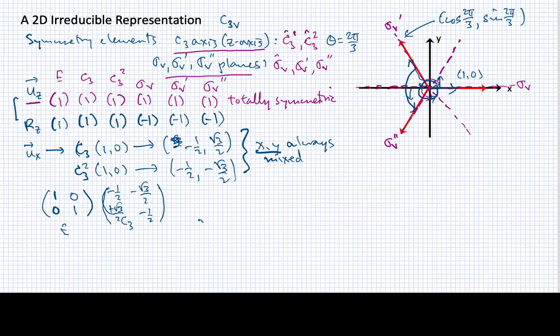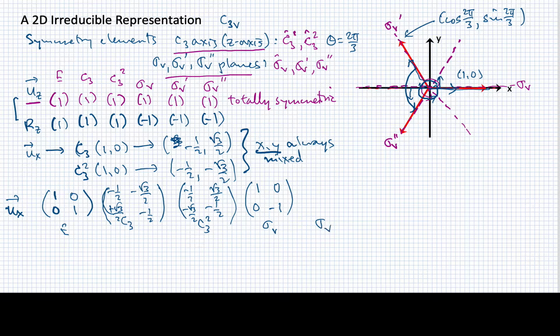All right, for C3 working twice, I will end up with the following transformation matrix. I'll have −1/2, −1/2, and then I'll have −√3/2 down here and √3/2 up here. For the σv operations, this is the reflection about the x-axis that I can generate using this if I'm using u sub x as my basis vector.